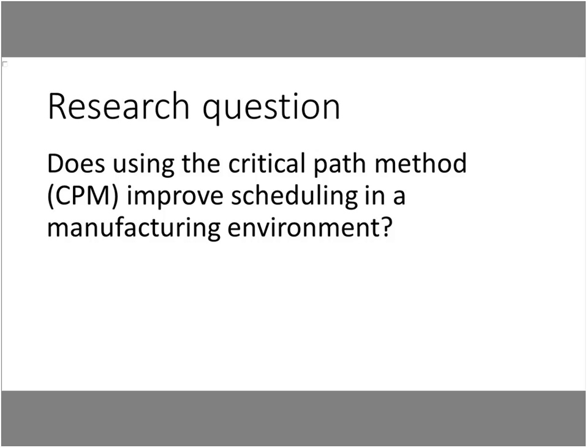So it may be that you work for a company that has manufacturing plants across the U.S. or across the globe, and you're looking for a better way to schedule your projects, or you're thinking about projects that have failed in the past, and you think maybe that there's got to be a better way.